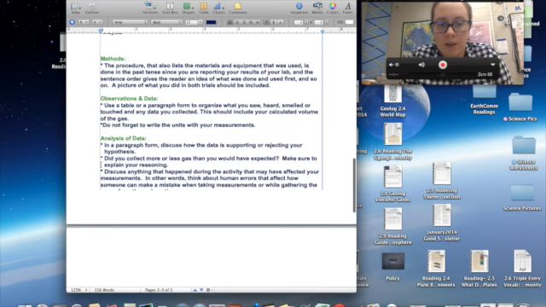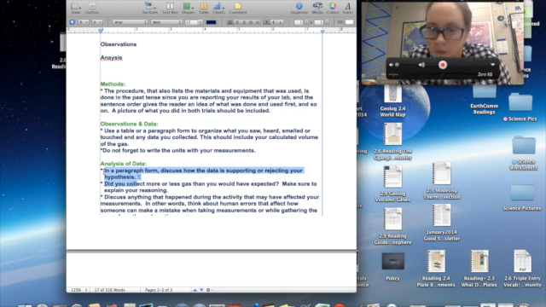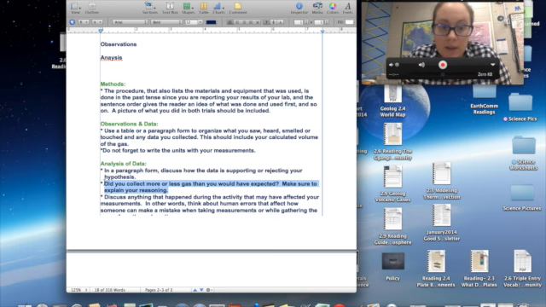So in paragraph form, discuss how the data is supporting or rejecting your hypothesis. My data supports or my data rejects my hypothesis because of this. Did you collect more or less gas than you expected? That goes in with the first star. And then discuss anything that happened during the activity that may have affected your measurements.